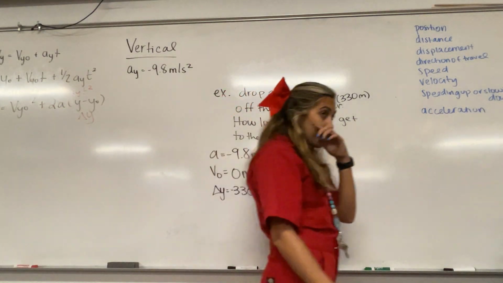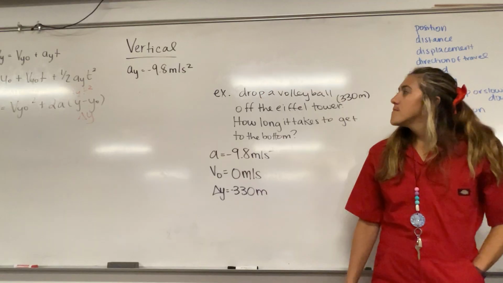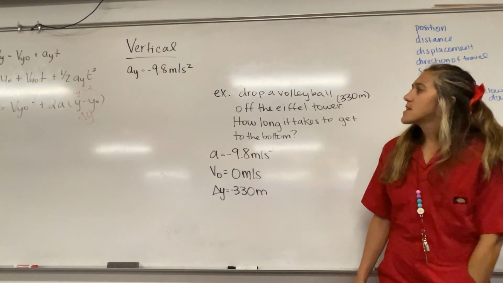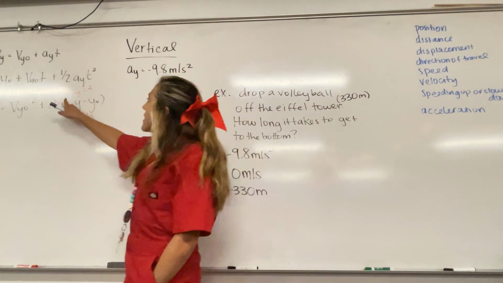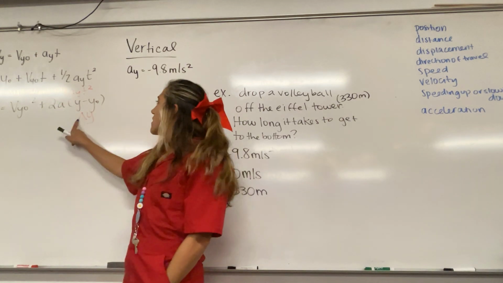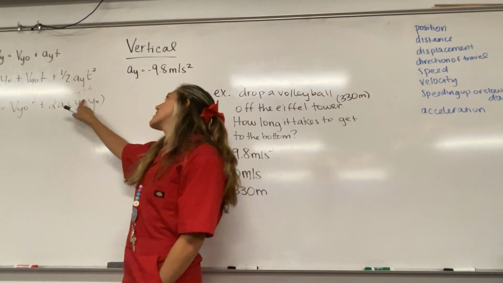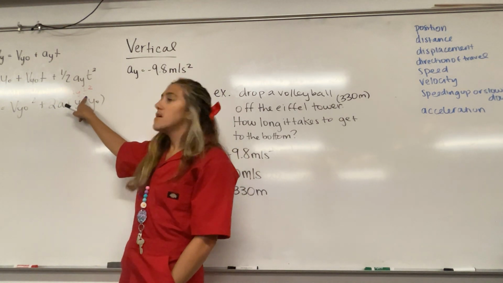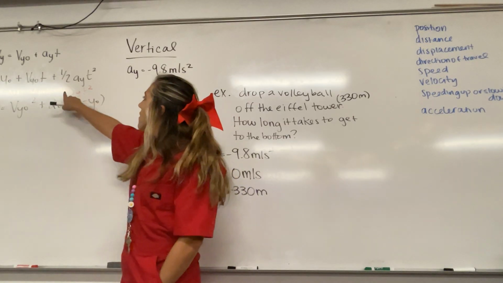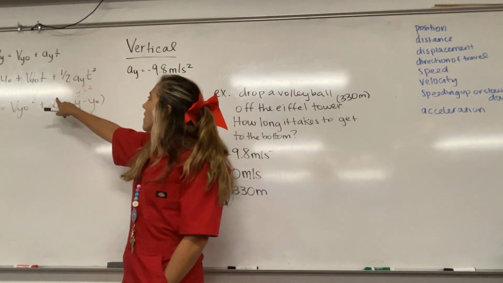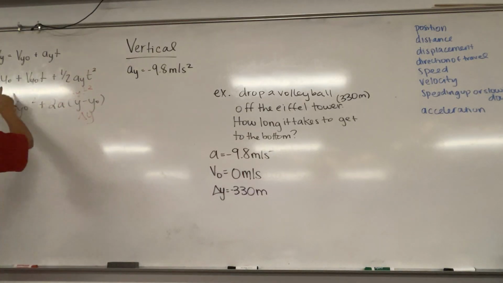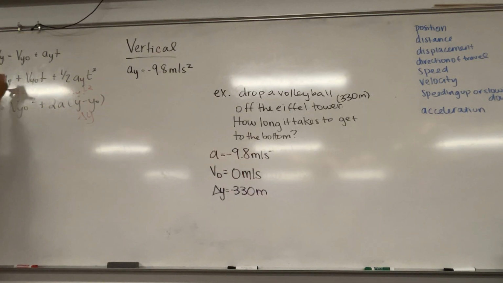Yes, Varna. Would it not be multiplication in the second equation? Multiplication in the what do you mean? Oh, no, second from the top. It's like y is equal to y0 plus y. No, all I did was subtract this over here.